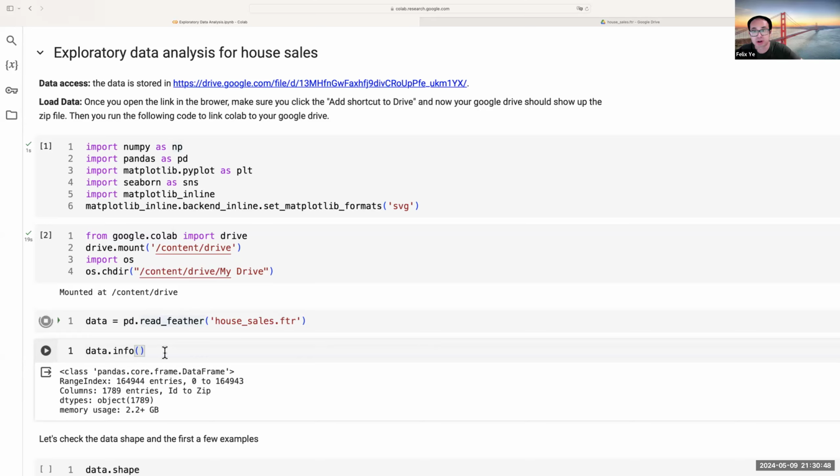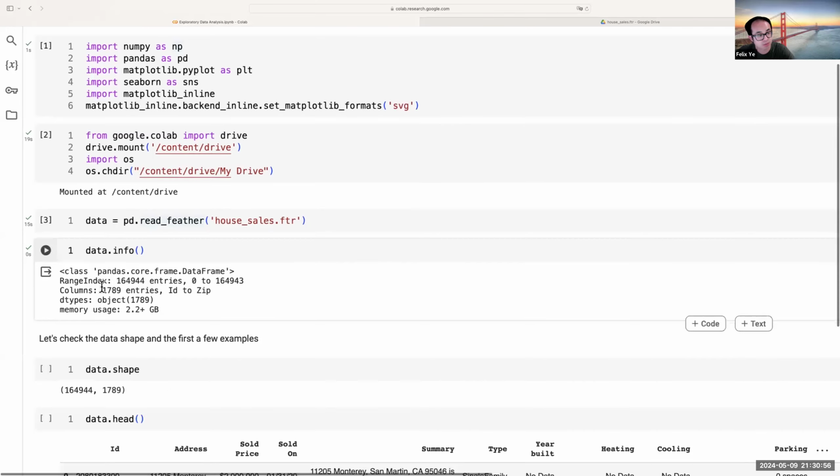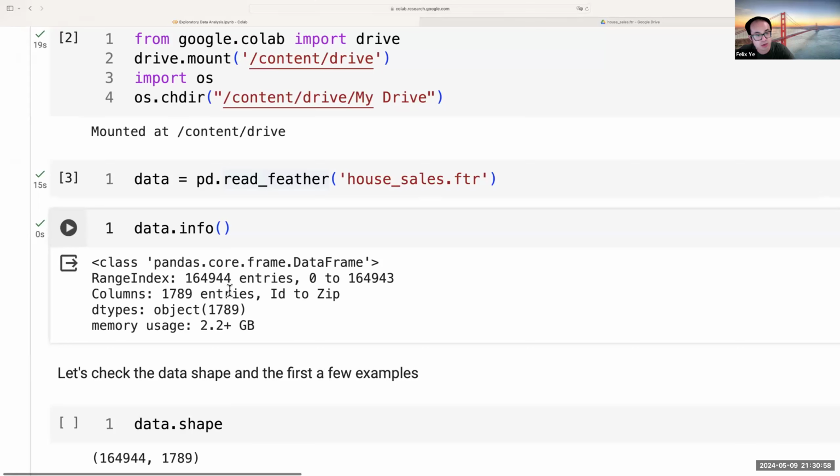This data is pretty large, so it will take a little while to load. So you can see this data information. You can see here we have a lot of data entries, about 164,000 entries.